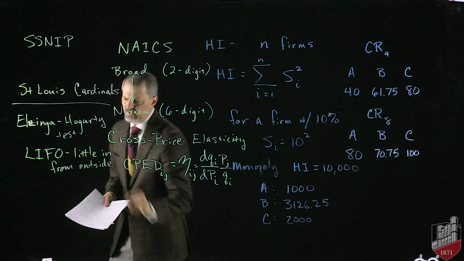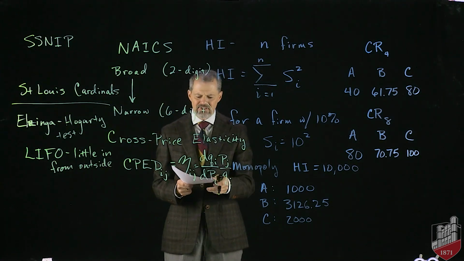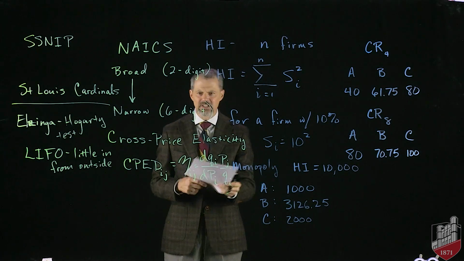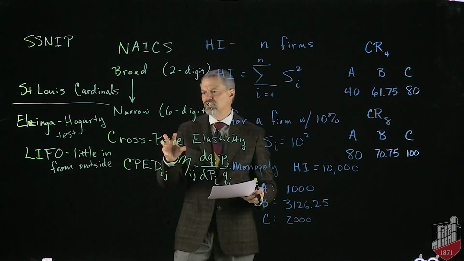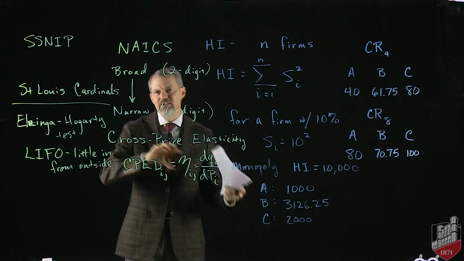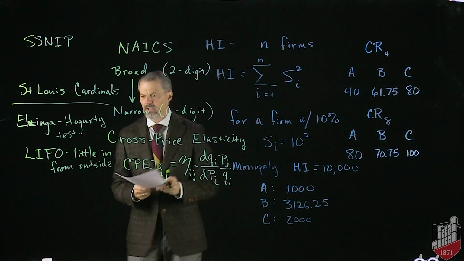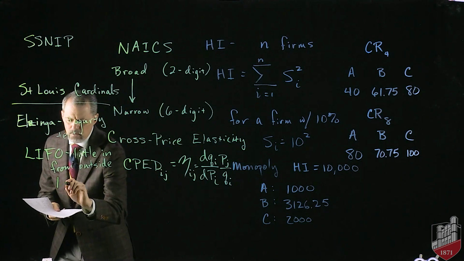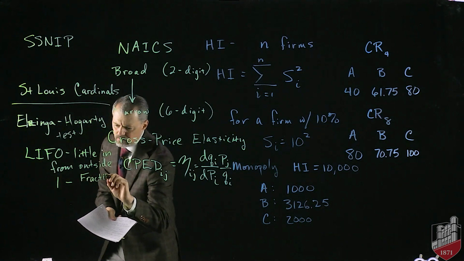And this is calculated as 1 minus the percentage of goods that are consumed in the region but produced elsewhere. So it's a measure of how much stuff is brought in from outside of the market that you're thinking about. LIFO is 1 minus the fraction imported, essentially.